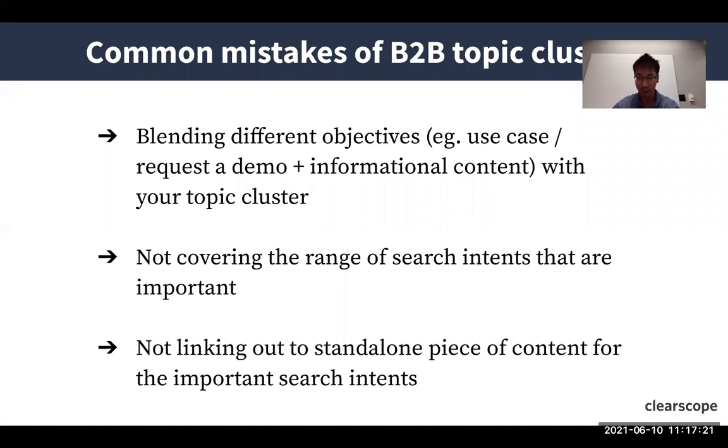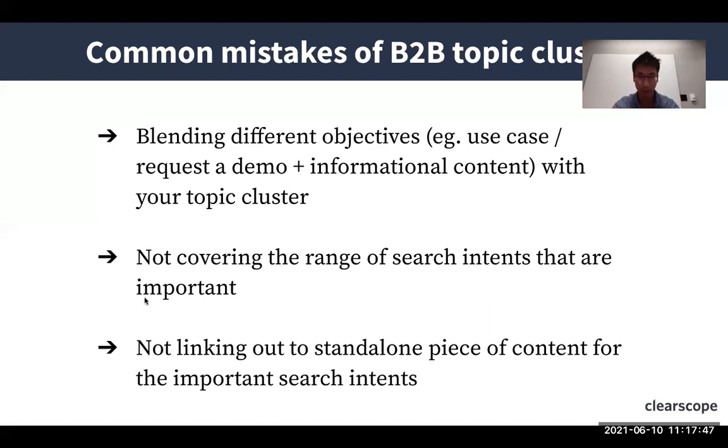But you're missing high intent relevant subtopics if you're not looking at the search engine results, not closely inspecting the people also ask. This is why a lot of people do that kind of research, to make sure that should they create the B2B topic cluster, they are covering the range of search intents that are important.